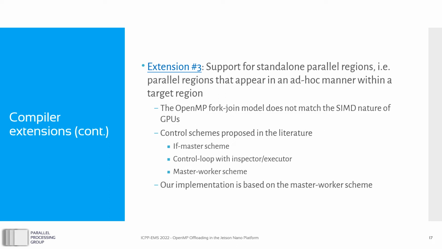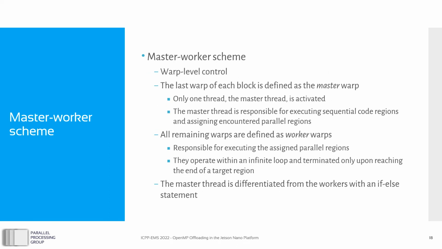We selected the third one, the master worker SIMD. Now some quick information about the SIMD. It relies on CUDA warps and it basically splits them into master and worker warps. The concept is that one thread from the master warp registers and assigns encountered parallel regions to the worker warps.